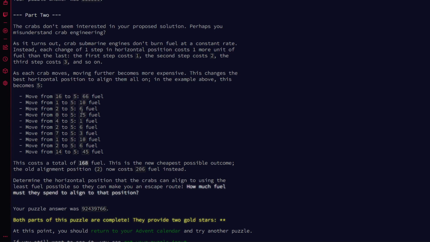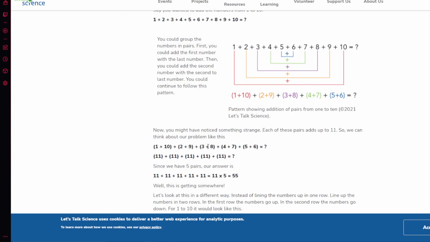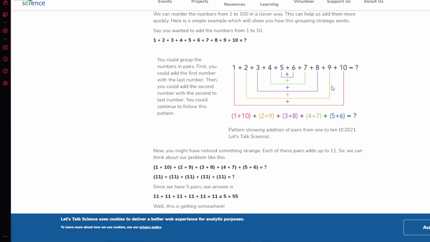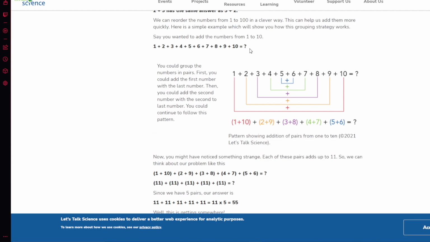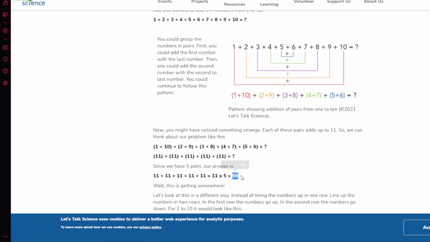So I will pull this up on another window, and we can cover this. Okay, so here we have Gauss summation, and if we added all the numbers from 1 to 10, we would get this answer, 55.